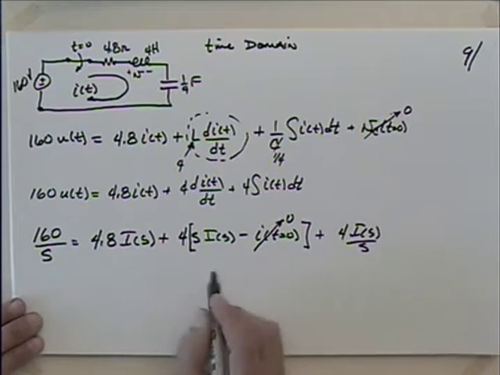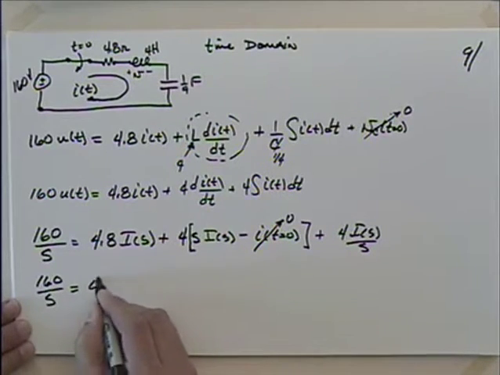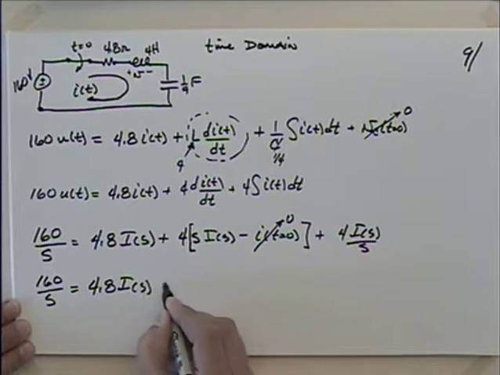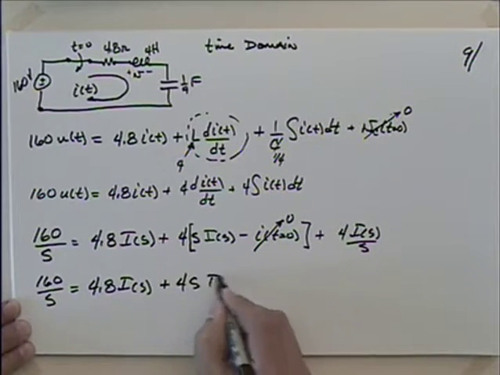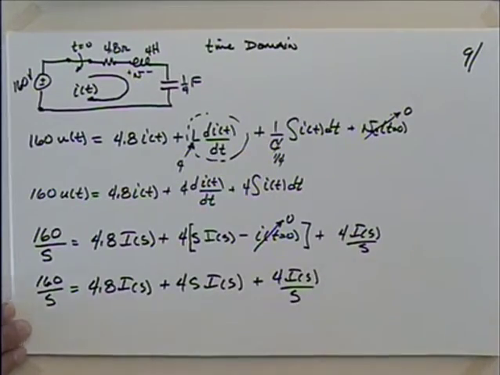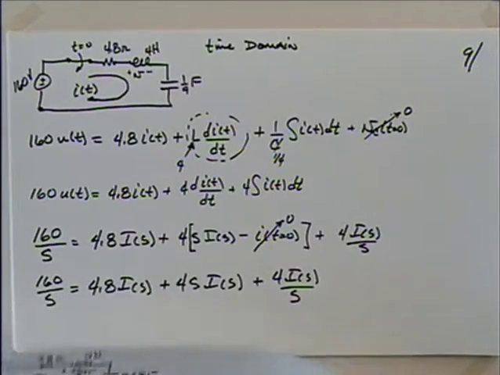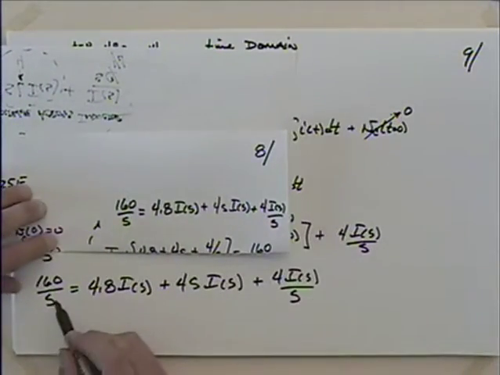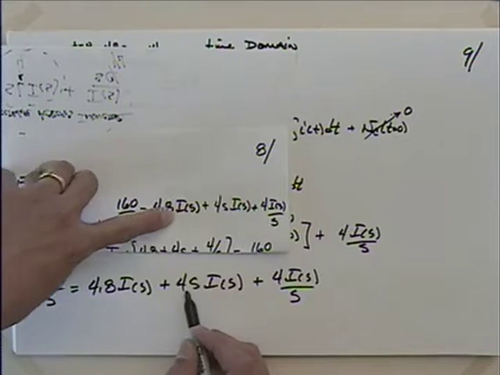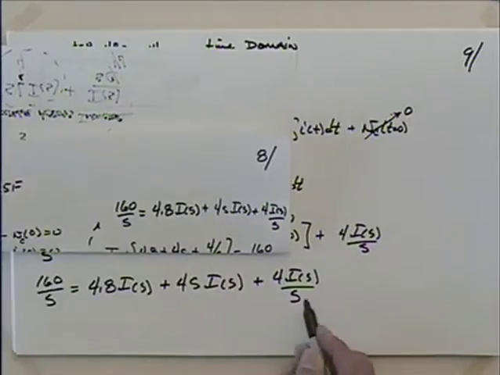Integration, that was the great bargain, right? So I've seen something like this before. 160 over s is equal to 4.8 I of s plus 4s I of s plus 4 I of s over s. That's pretty close to this one, isn't it?